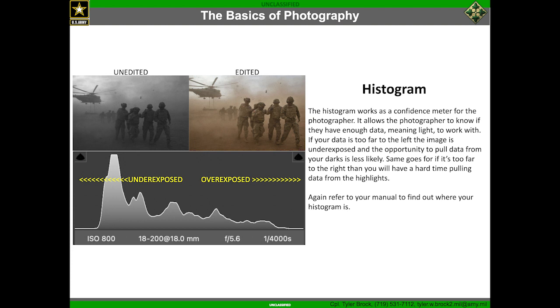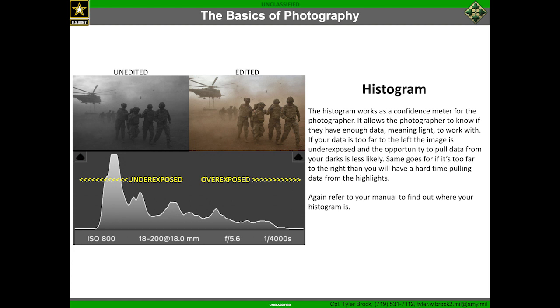And once I brought up the exposure in Photoshop, you can see how the edited image brought up the shadow details, and the highlights weren't overexposed. So that's why you trust your histogram when you're doing this, and you trust your metering system.